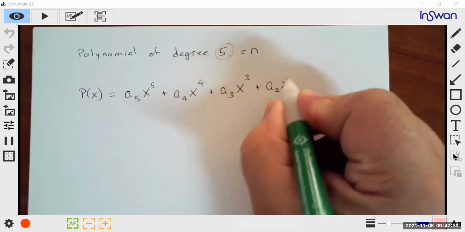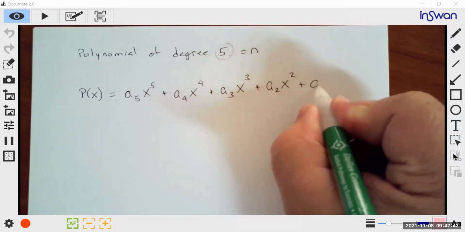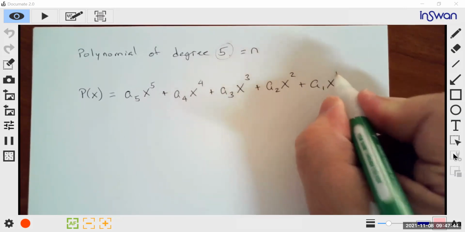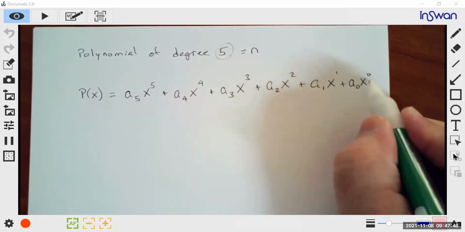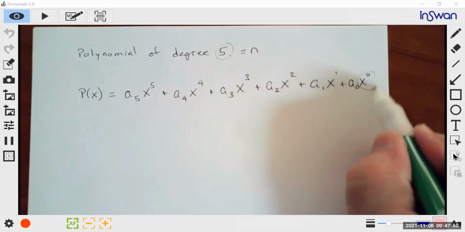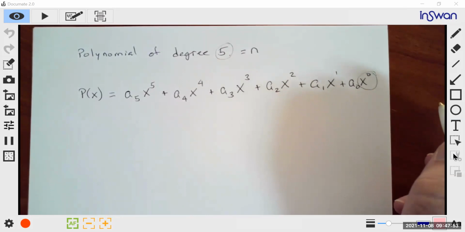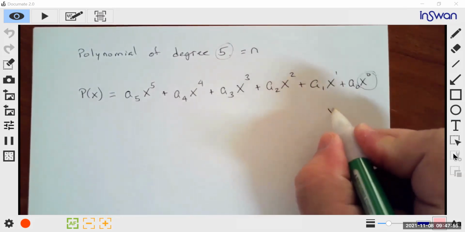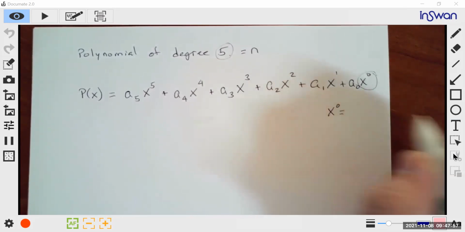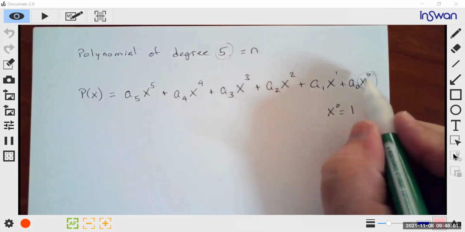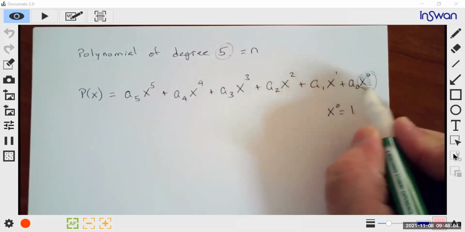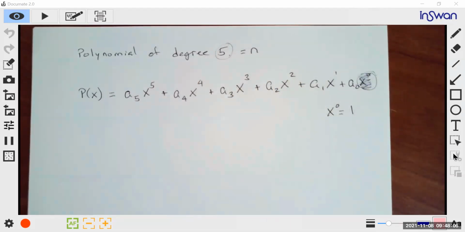Subtract another one. a sub 0, x to the power 0. Remember though, x to the power 0 is what? Anything to the power 0 equals 1. So that's why this last term doesn't show up. There is no x in the last term. It's just a constant, just the a sub 0.